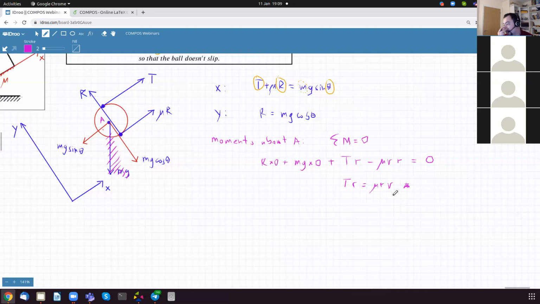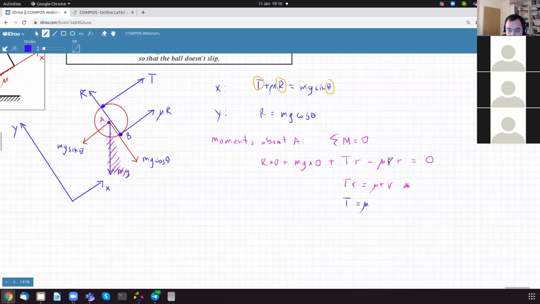That's the thing. If the sum of forces acting on the ball is 0, it doesn't matter where you choose your pivot. If you choose the pivot about point B, you would have the same result. And the same result being T is equal to mu R. Oh, wait a second.